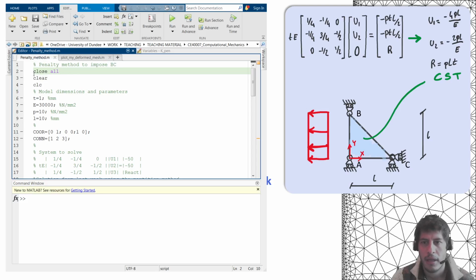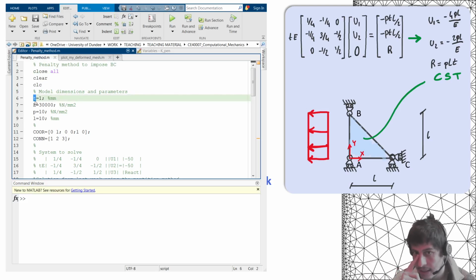So I first close all, clear the memory and clear the workspace. Okay, and then let's give some model dimensions and parameters, just to have numbers so we can compare the theoretical solution up here with what we do in MATLAB.